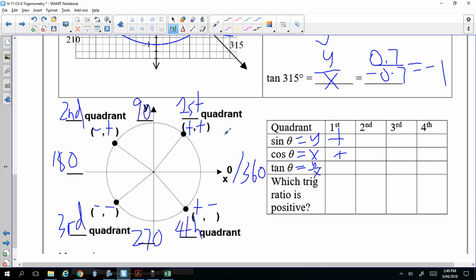Now in the second quadrant, again, sine theta is y. Is sine positive or negative? Positive, because y is positive. Cos is negative because x is negative. And if you do tan, positive divided by negative, you get negative, right? So therefore, which one is positive? Only sine is positive.